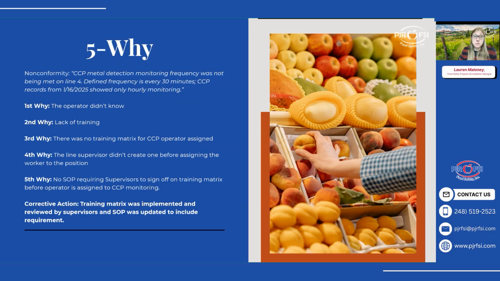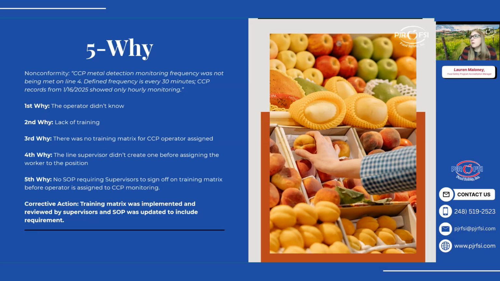A lot of companies would stop there and just retrain their operator and call it a day, but that is not the true root cause. Training typically isn't the reason. Lack of knowledge or lack of training isn't typically the reason why a nonconformity is occurring. It's usually in the system that something doesn't give support to that process in order to make it effective.